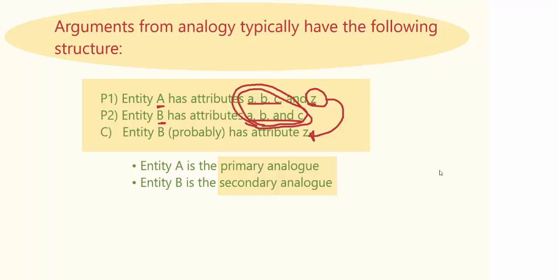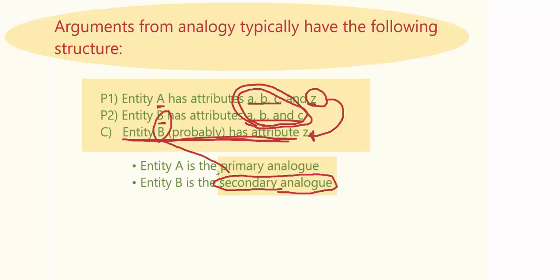As a matter of jargon, our secondary analog or analogs are the objects that we are making the conclusion about. We're saying that because this other analog has this additional property and they have a similarity, then it also has this other property in question, here Z. So B is our secondary analog.